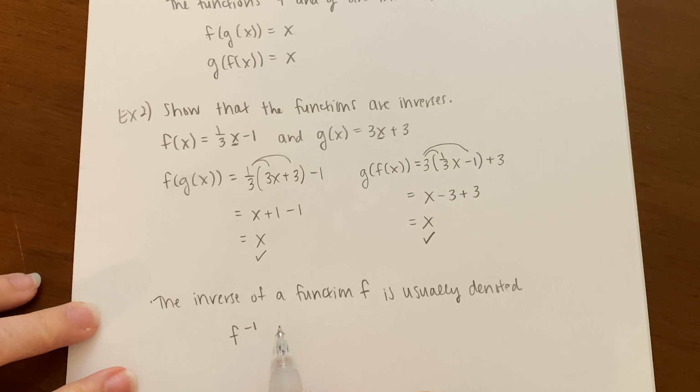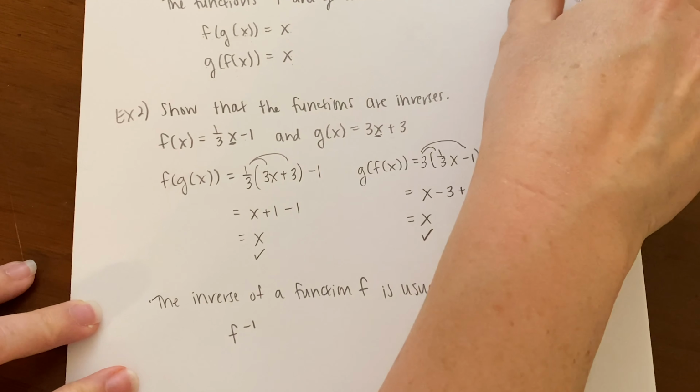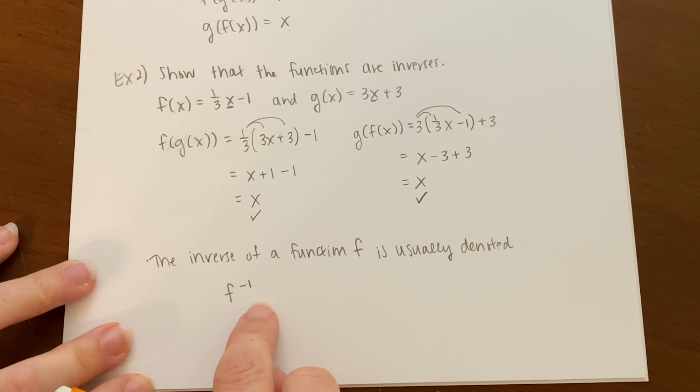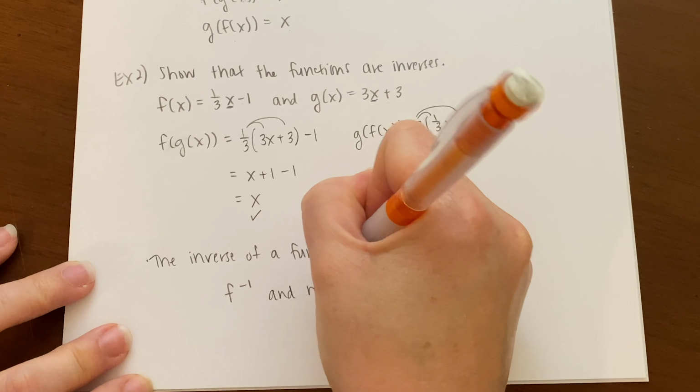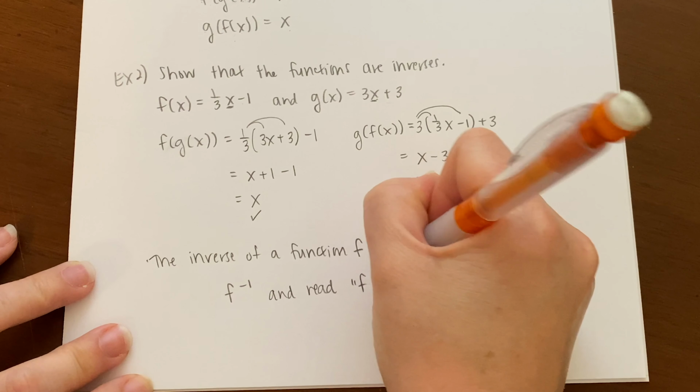We are not actually raising the function to a negative 1 power. This is a notation. This is not a mathematical operation. So this notation, we would read as f inverse.